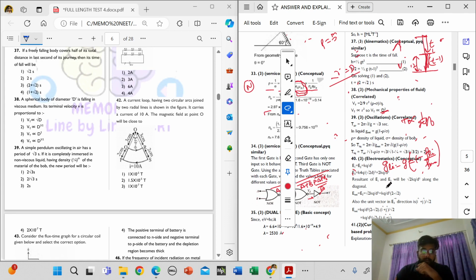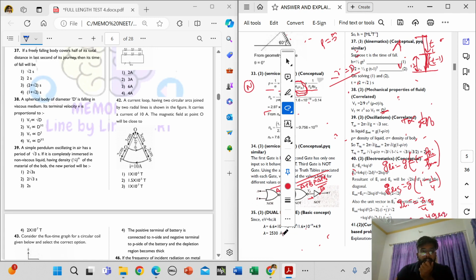We are given that the density of the liquid is 1 by 4th of that of the material. So g of liquid will be equal to 3 by 4 of g. So g is equal to 4 by 3 of g liquid.